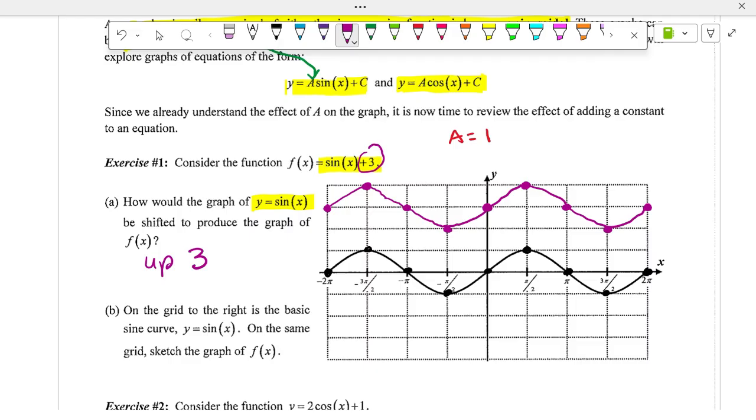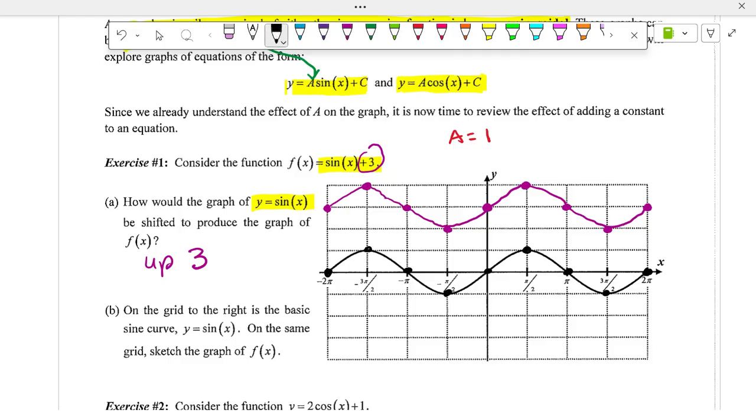Okay, so in a sine and cosine graph, you got 3 important points. You got your max, you got your min, and you got your midline. Okay, so where would my midline be? Here. So in other words, what horizontal line would go through all of my middle points at y equals what? 0.